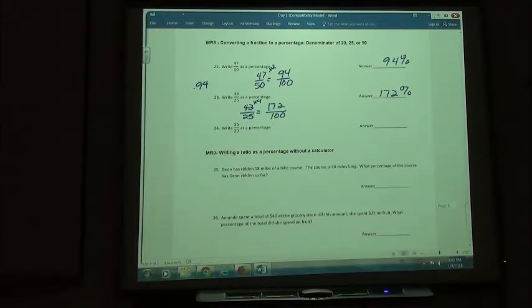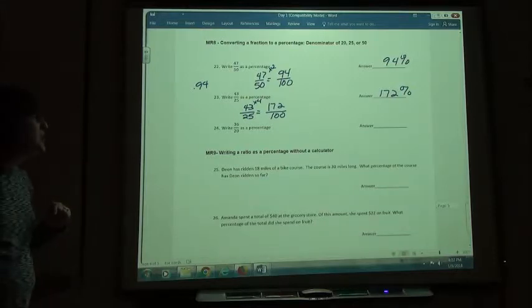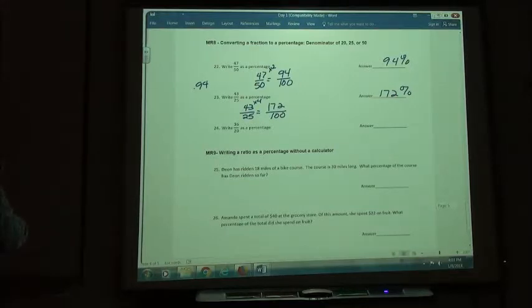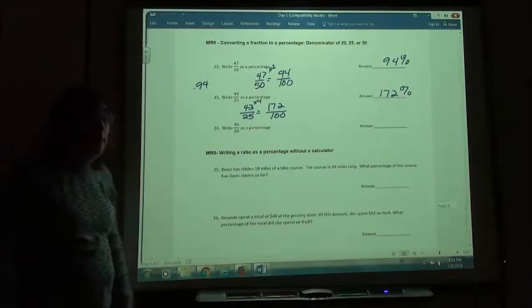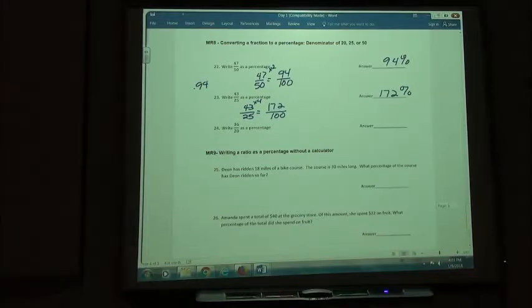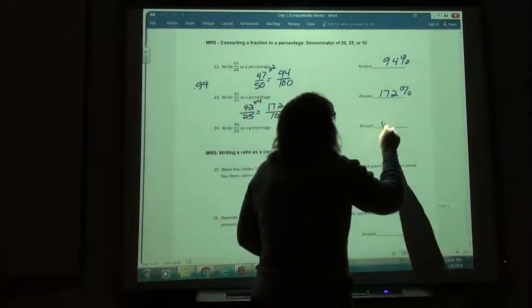So go ahead and try number 24. Write that one as a percentage. And so 36 over 20 is what as a percentage? 180.